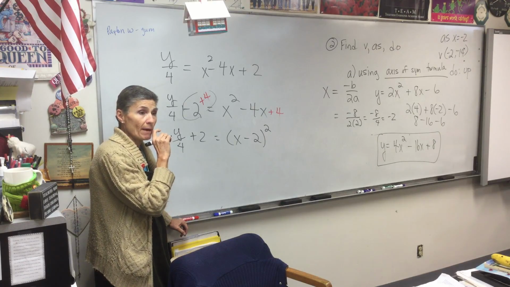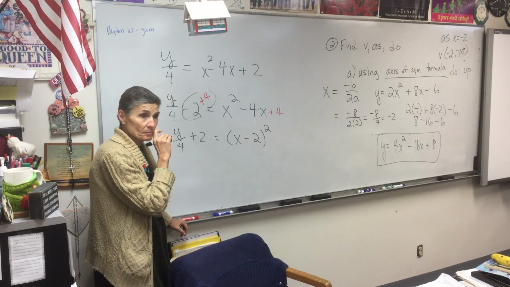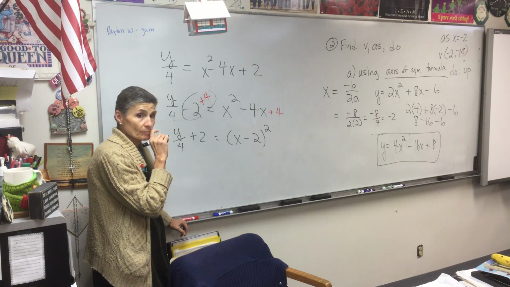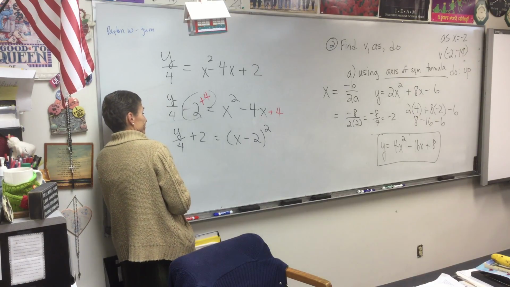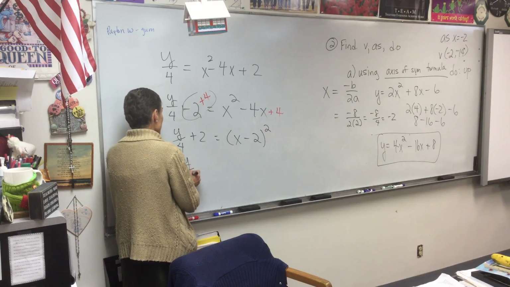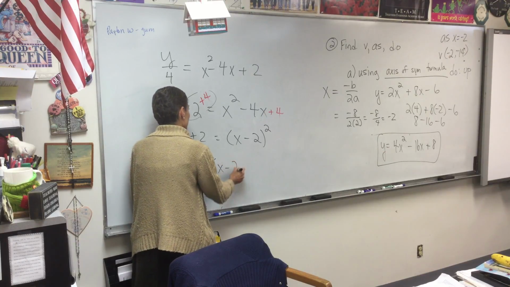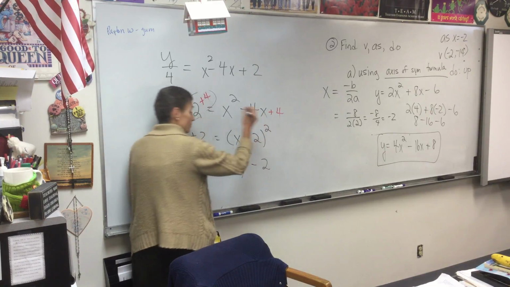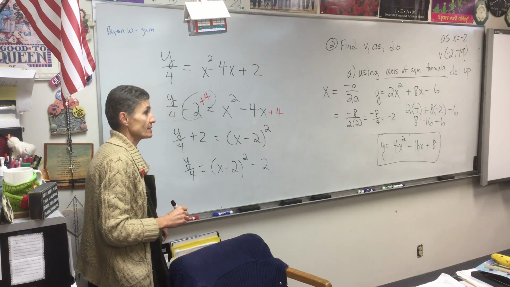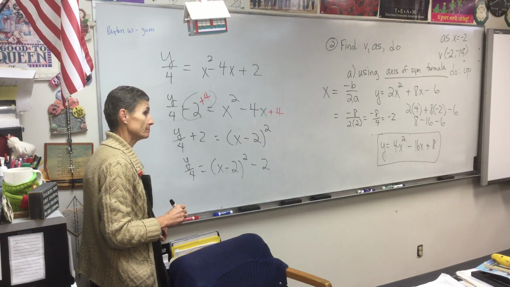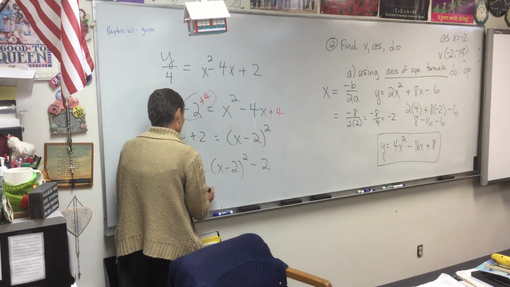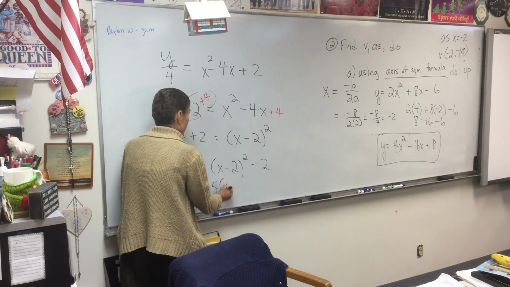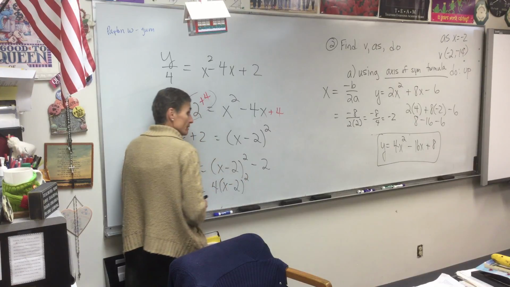Now we put it back. So, Camry, what do we do now? You add 2 or subtract 2 to the other side. Yep, that's exactly right. And then last step, times by 4. And when I multiply by 4, I multiply my parentheses, but not what's in it.